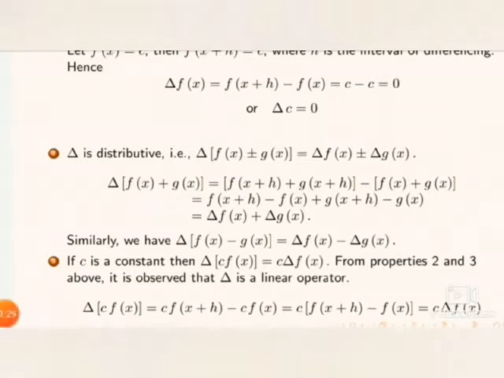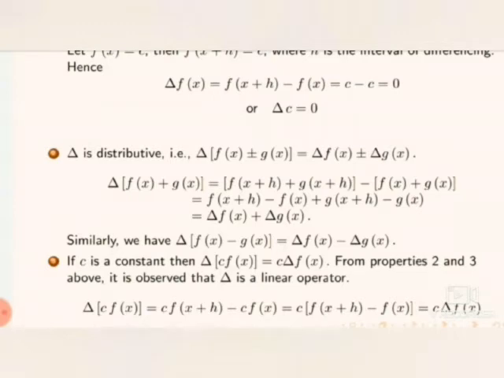The third property is del of c f of x equals c del f of x. That means if any constant value is multiplied with the function, the constant will come out of the forward difference.